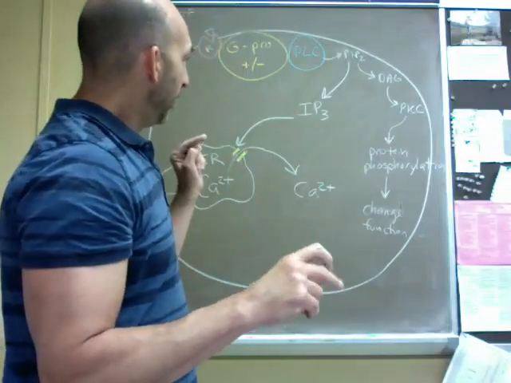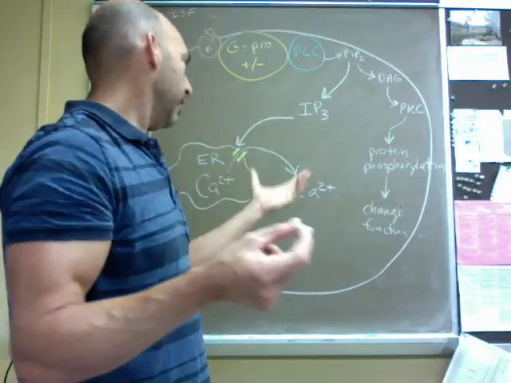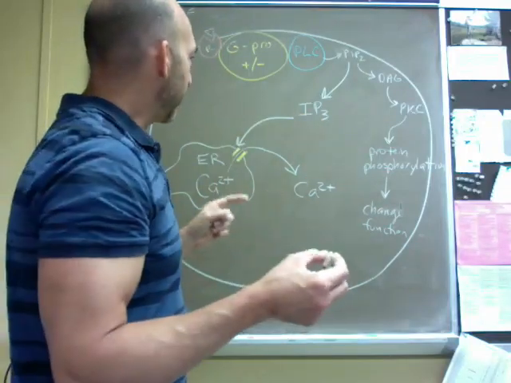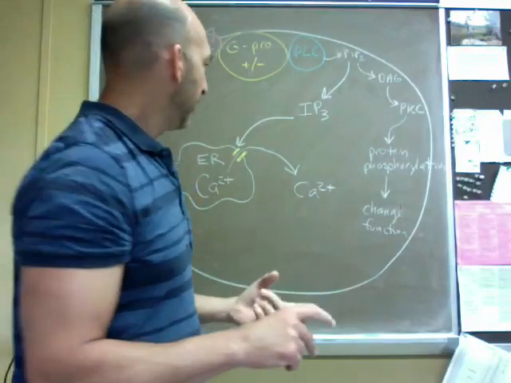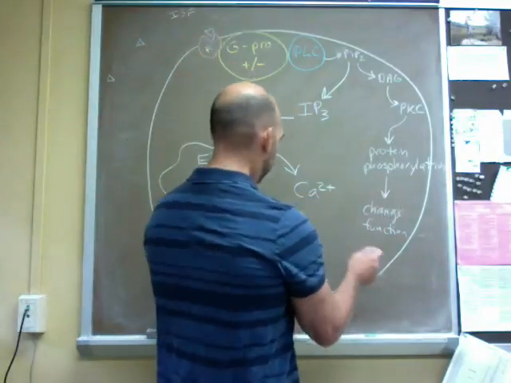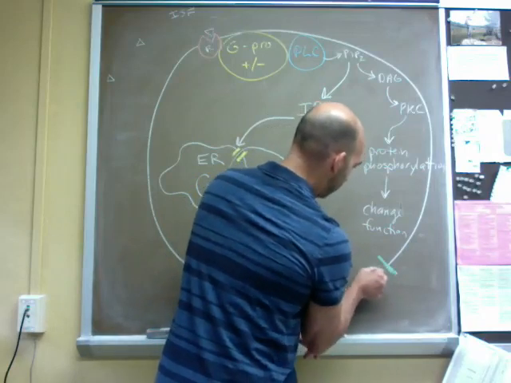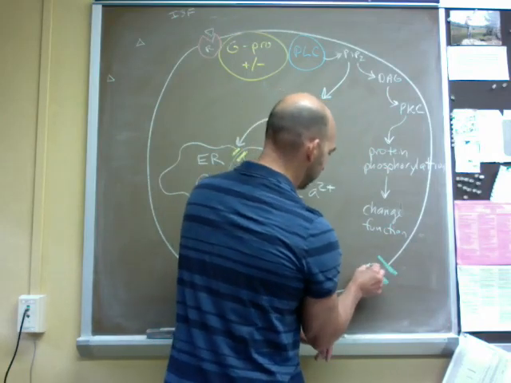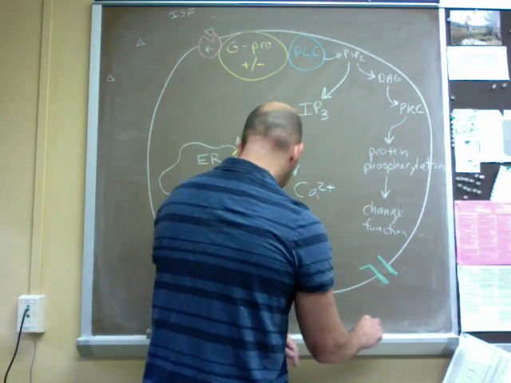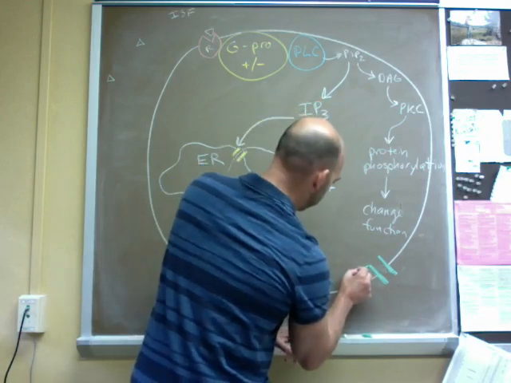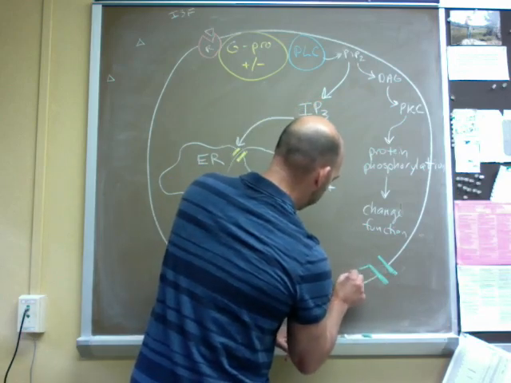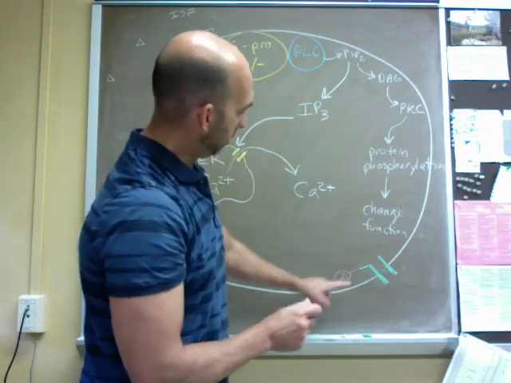Now, one of the things that the PKC phosphorylates is a calcium channel. Put it down here. So we have a calcium channel, and it's got a gate on it, and we're going to show it's open now. And we're going to show a little phosphate group stuck to it because we phosphorylated it. So here's our channel.